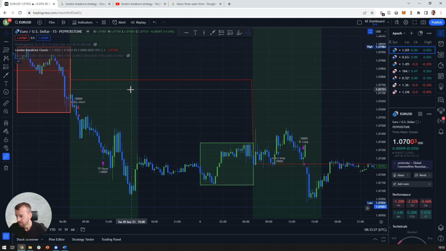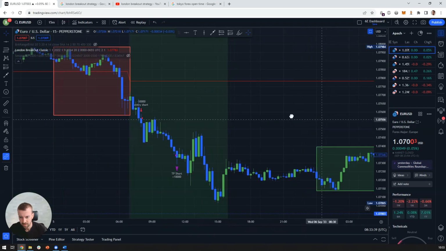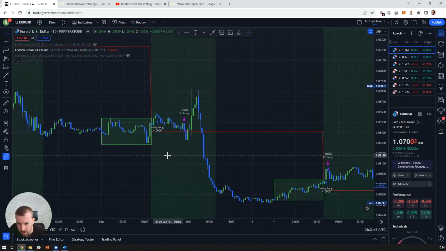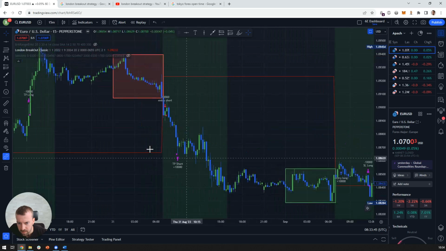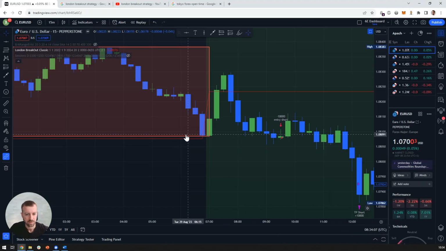So this box is colored red if the trend during the session was downward, and green if the trend during the session was upward. And then the next thing, remember, let me show you an example which demonstrates this pretty good. Yeah, so this one works pretty good.